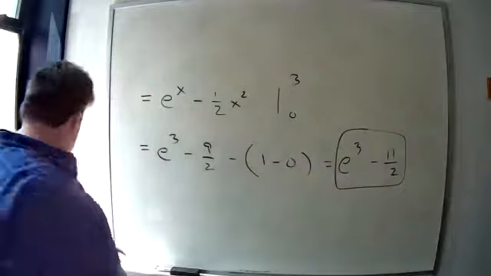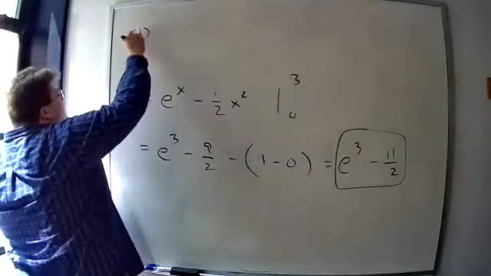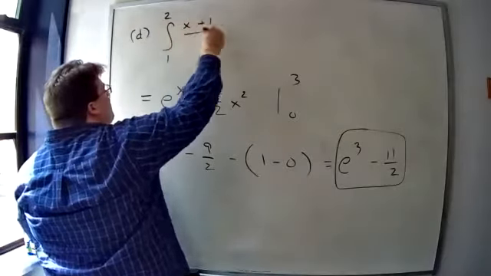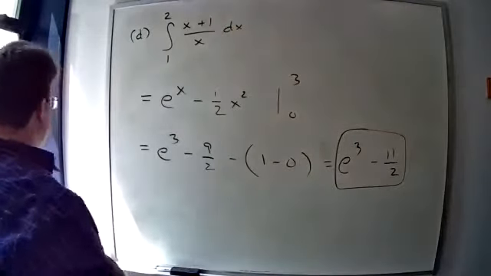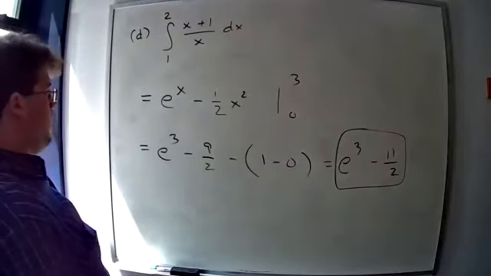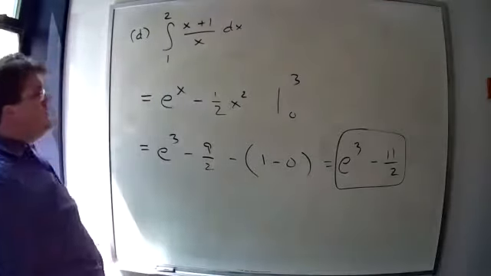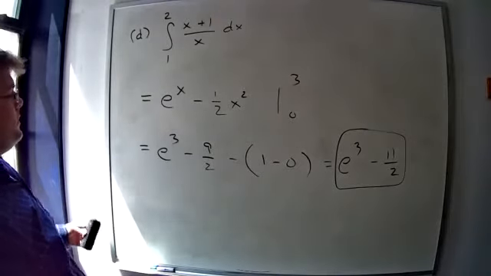Part D. What did I put? So part D, we have the integral from 1 to 2 of x plus 1 over x with respect to x. Now, we can't just go into the quotient and take it one piece at a time.